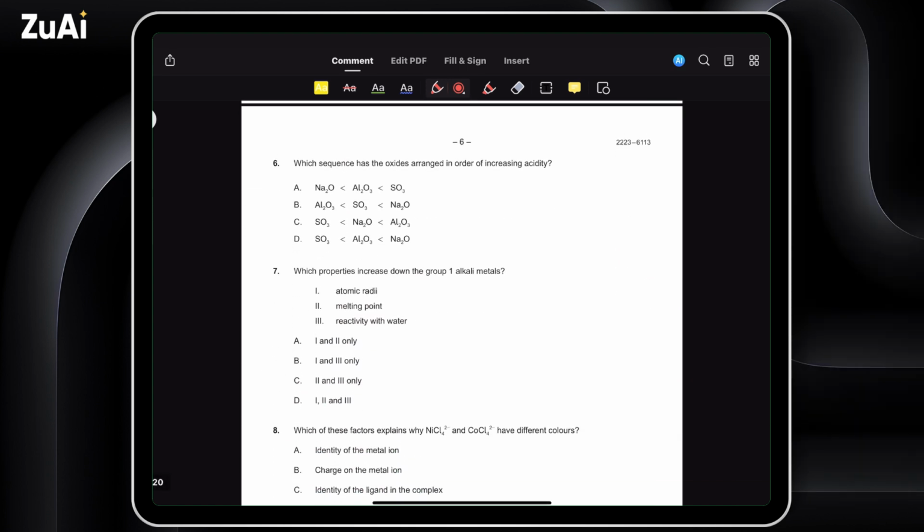Okay. So the next question is, which sequence of oxides is arranged in order of increasing acidity? Acidity means non-metallic oxide, because metal oxides are bases, and non-metal oxides are acids, and aluminium oxide is amphoteric.